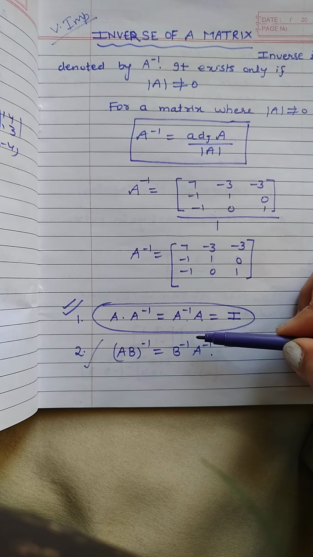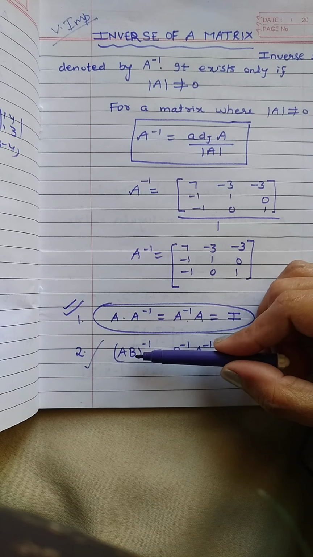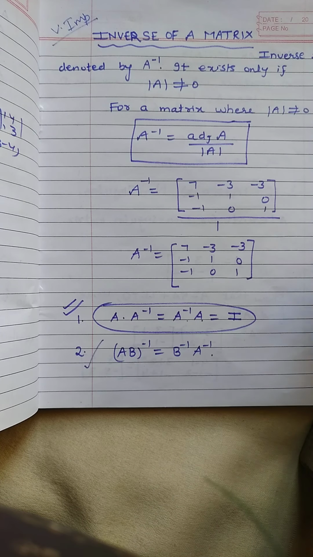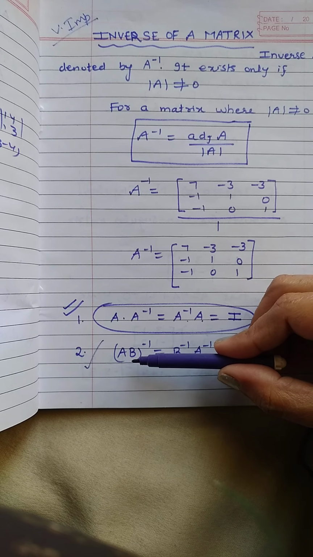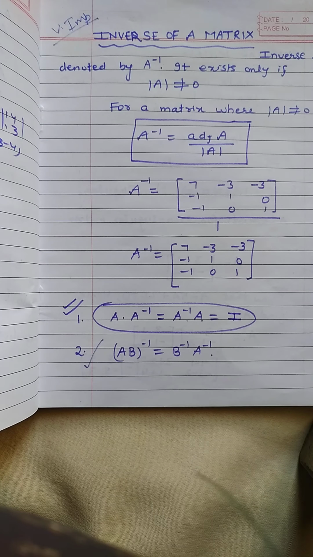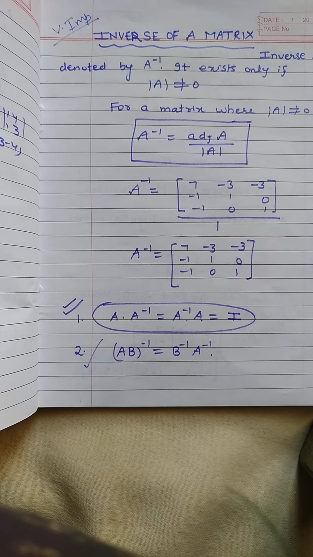Second important result is AB whole inverse is equal to B inverse into A inverse. Like transpose. In transpose, you have noted that AB dash is equal to B dash into A dash. Similarly for inverse, AB whole inverse is B inverse into A inverse.